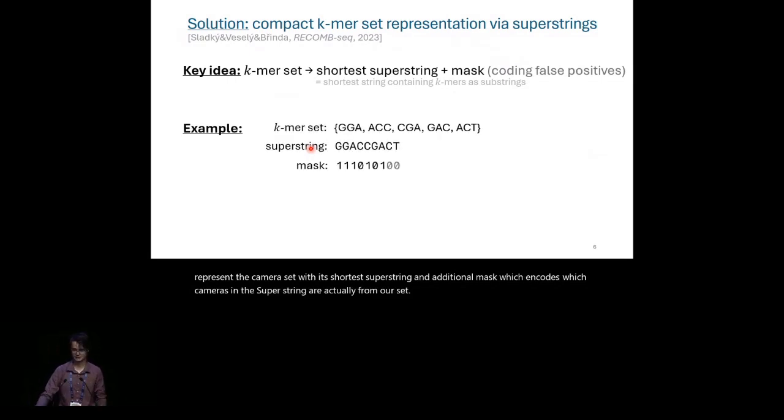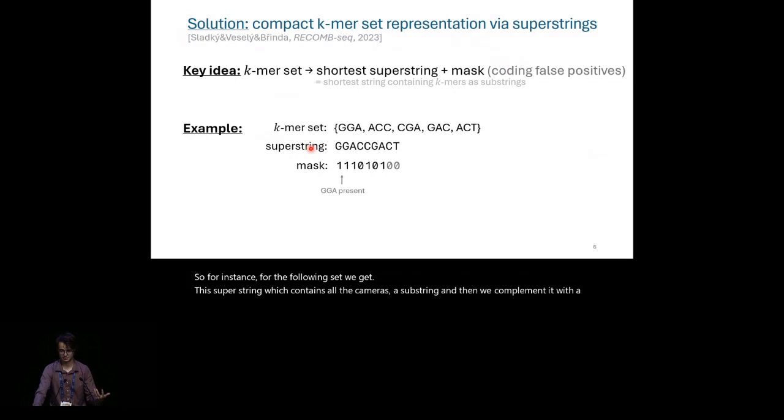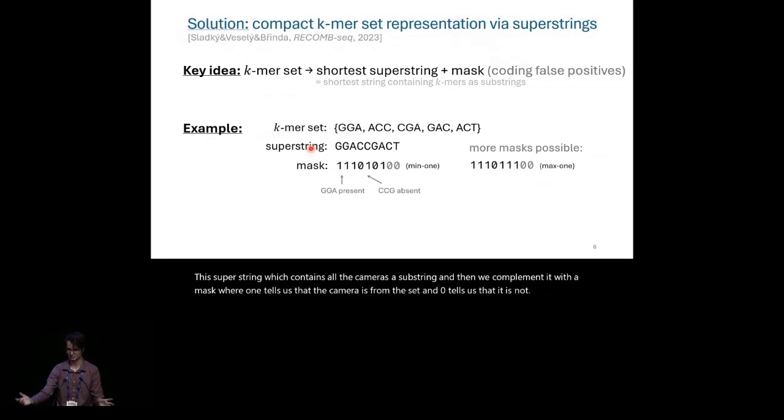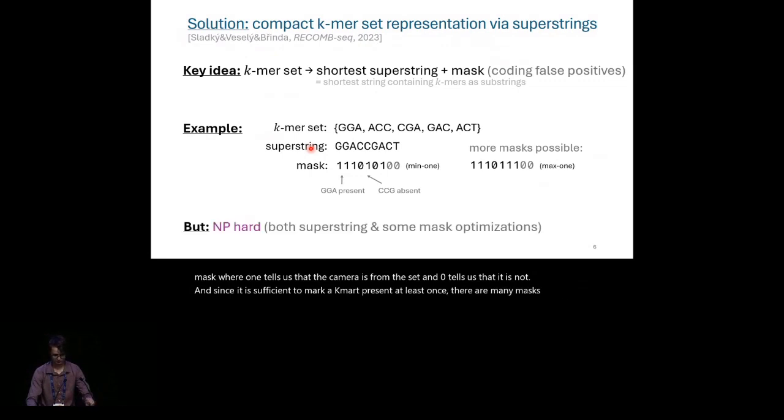So for instance, for the following set, we get this superstring, which contains all the k-mers as substrings, and then we complement it with a mask, where 1 tells us that the k-mer is from the set, and 0 tells us that it is not. And since it is sufficient to mark a k-mer present at least once, there are many masks possible.